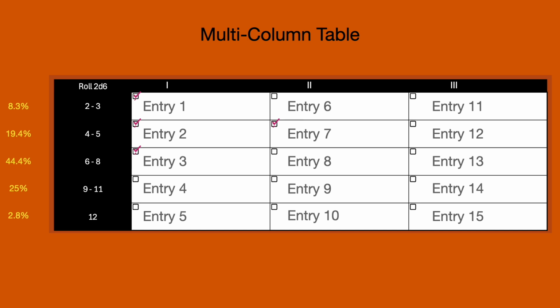But the next time we roll a 5, and it's also the second row. So this time, since entry 2 is already checked off, we move over to the right to the second column and do whatever is in entry 7, and we resolve that. And once that's done, we put a check mark, and so forth.